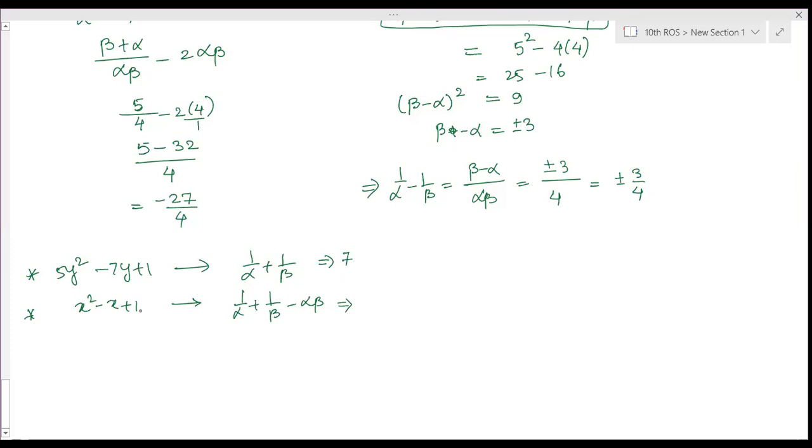Wait. This is 4, not 1. x square minus x plus 4. Ma'am, the second answer is 0. No. Okay, 4, 4, 4. Okay.